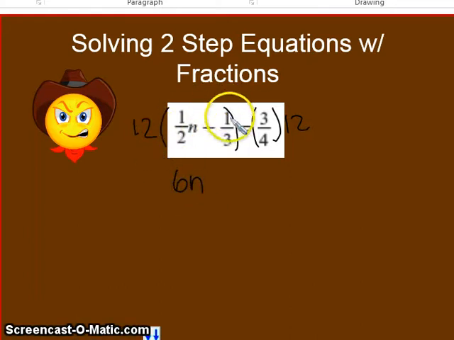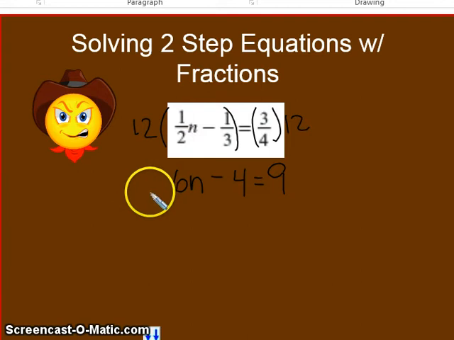And 12 times 1/3 is 4. So when I multiply this using my distributive property, I get 6n minus 4. Now 3/4 times 12 is 9. Now see how I multiplied both sides by the same number. The multiplicative property of equality says that's fine, my equation is still true.